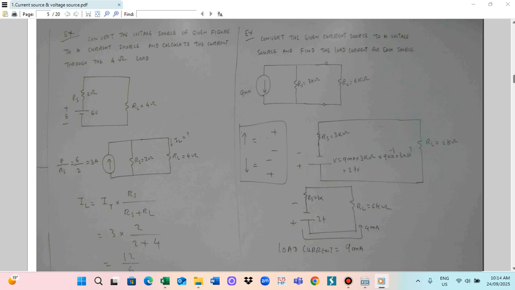So the load current is the same as 9 milliampere, because this 9 milliampere current flows to the load.